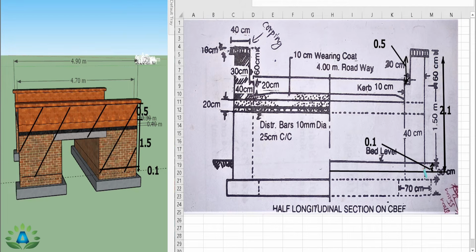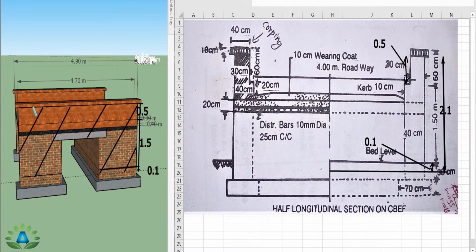So we have this length 0.1 meter and this height is 1.5 meter and this portion is 0.6 meter, but we do not do pointing in this coping, so we have to reduce this 0.1 meter height. That means this portion is 0.6 minus 0.1, that is 0.5 meter, and we will get this total length 2.1 meter.